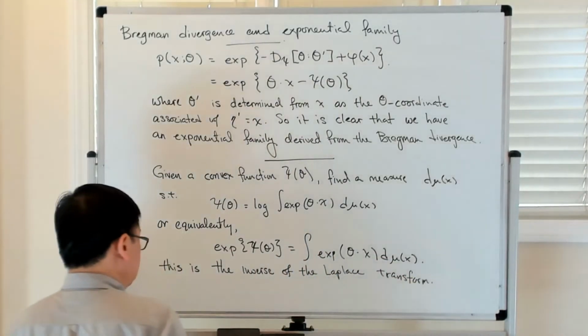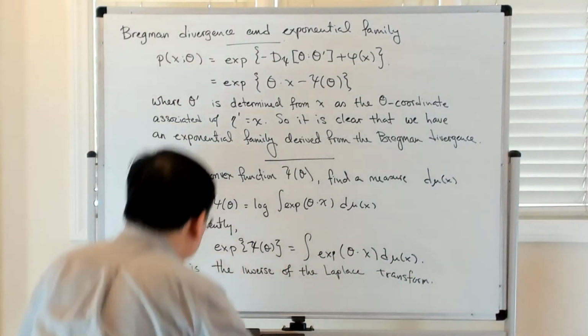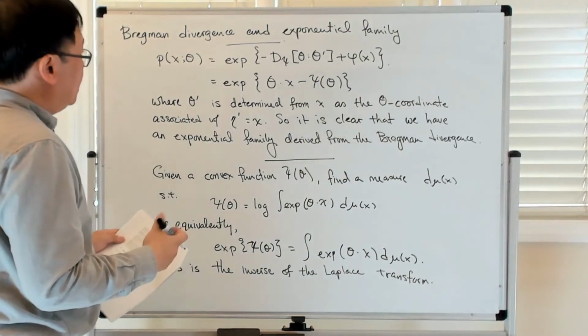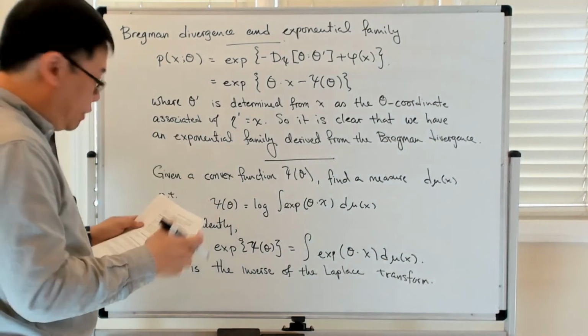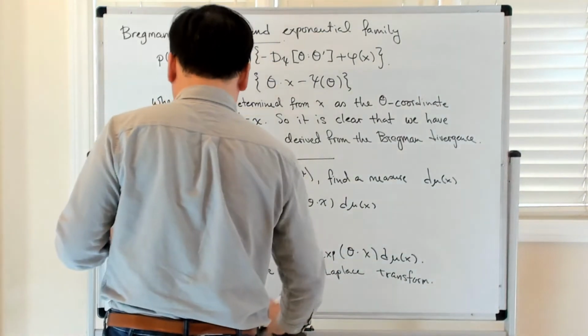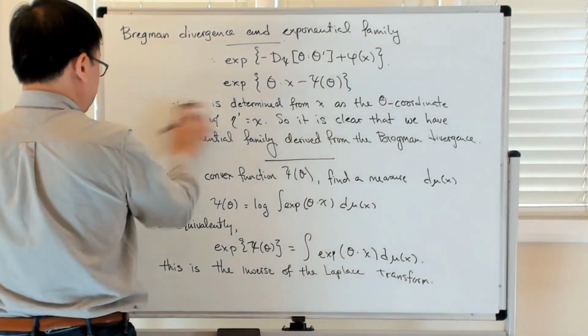So the bottom line again is that there's this bijection between exponential families and Bregman divergences. Let me just state that.